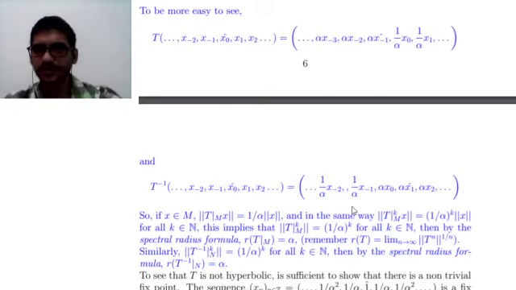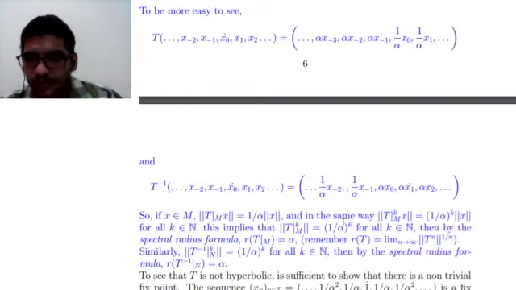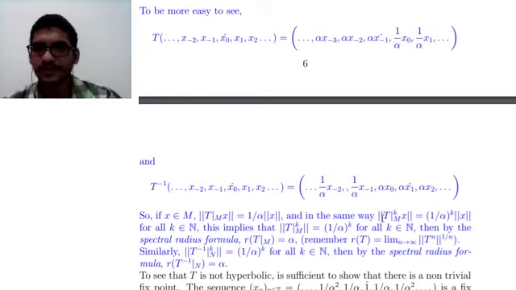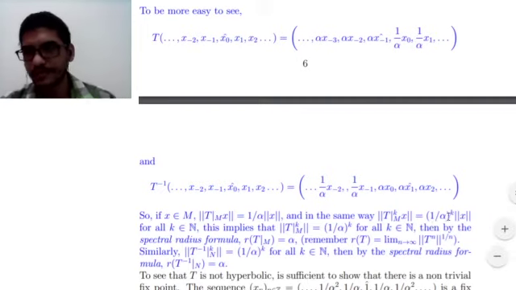In the same way, when you apply it k times, you will have 1 over alpha, 1 over alpha, 1 over alpha, k times.